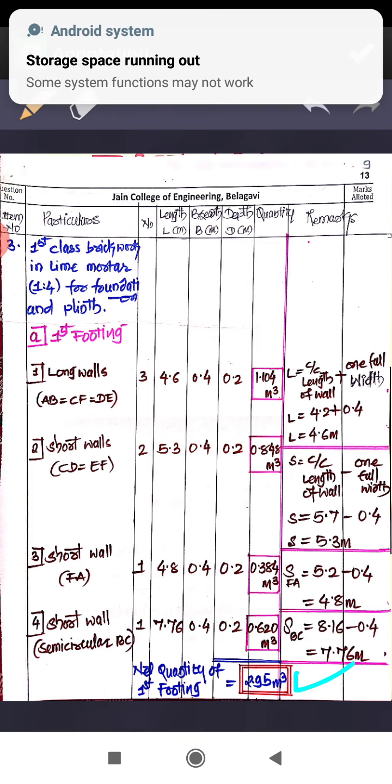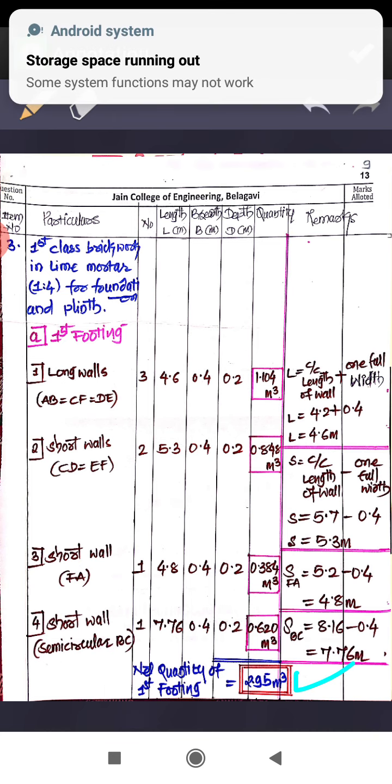Now coming to the short walls, you will be having two short walls CD and EF, that equals two numbers into 5.4 into 0.3 into 0.9. So altogether you will be having 2.916 meter cube is the quantity.